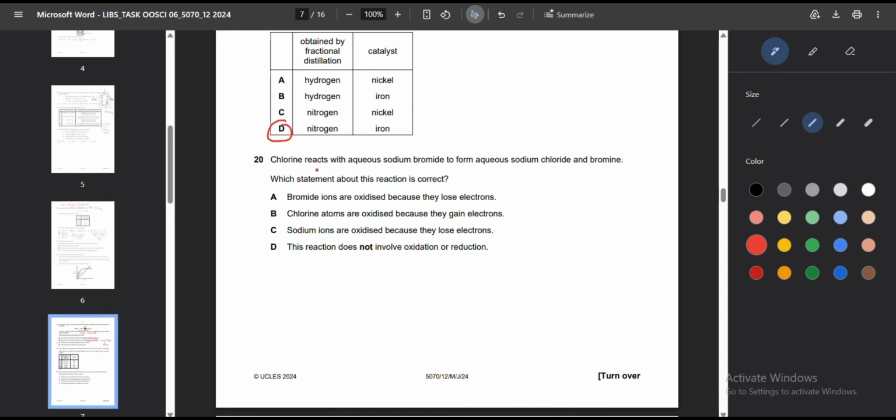Question number 20. Chlorine reacts with aqueous sodium bromide to form aqueous sodium chloride and bromine. Which statement about the reaction is correct?